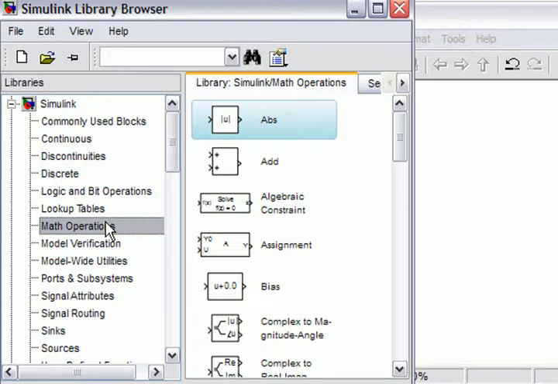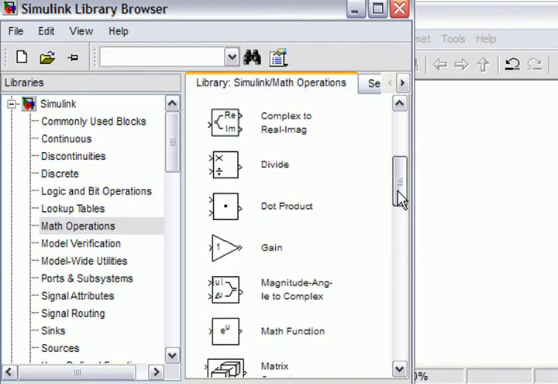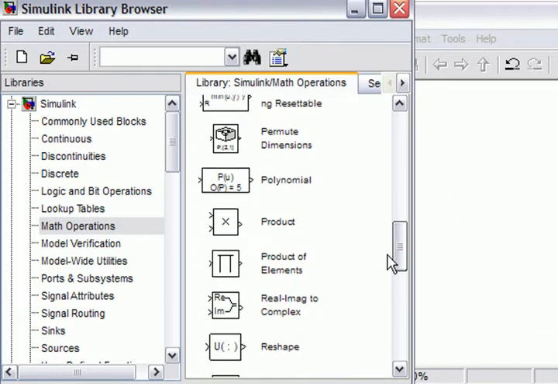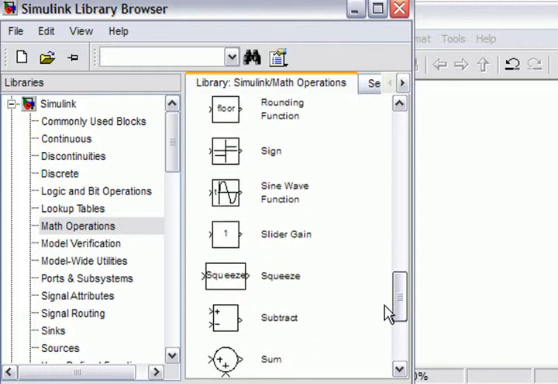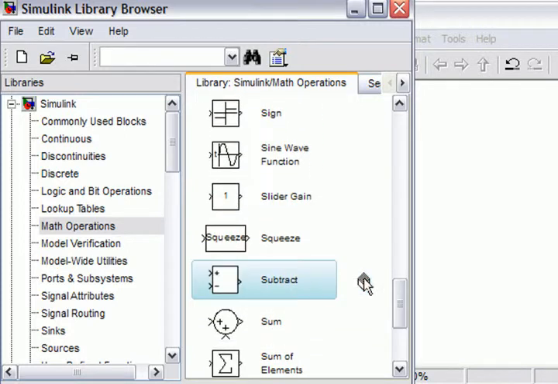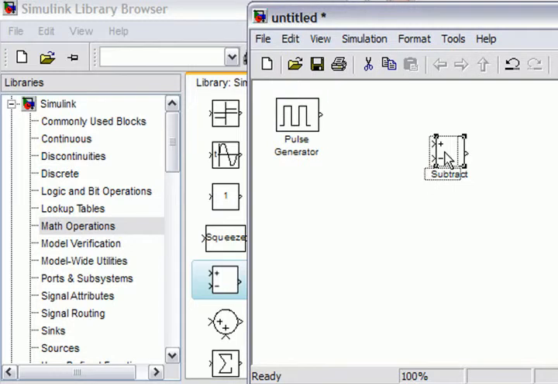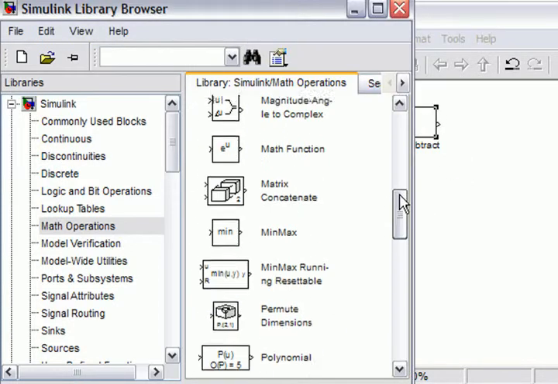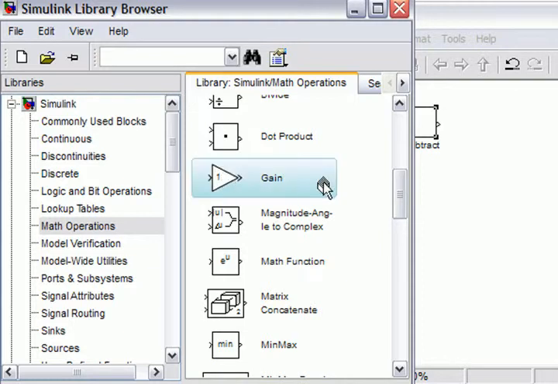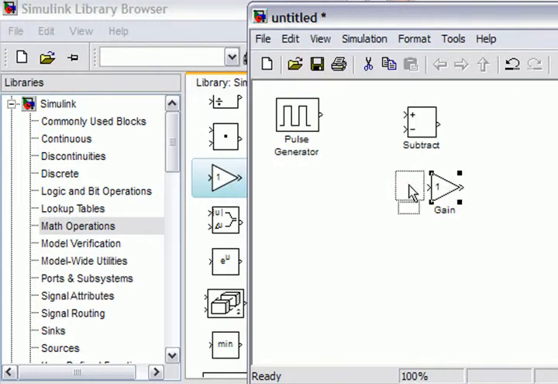From math equation subcategory, we will choose subtract block. And from the same subcategory, we choose gain block and change its gain to 2.